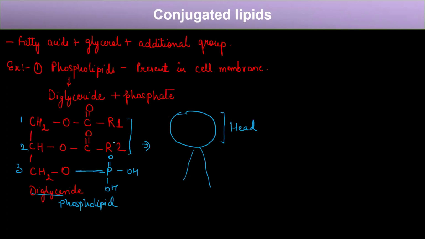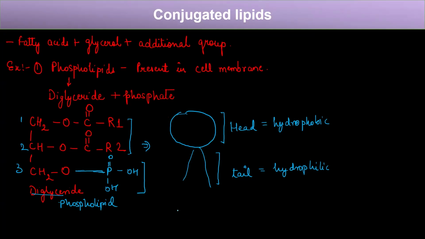Then this is called the tail. The head was hydrophilic, while the tail was hydrophobic. So the tail was located inside the cell membrane, while the head was located outside. This is how the phospholipid structure looks.